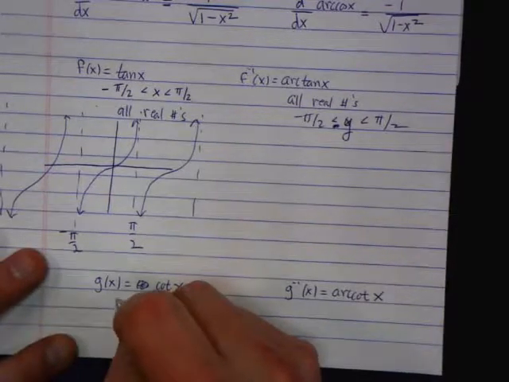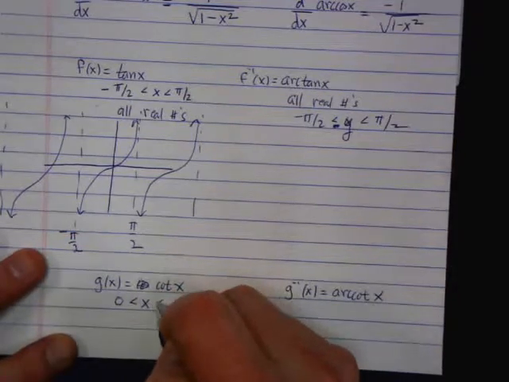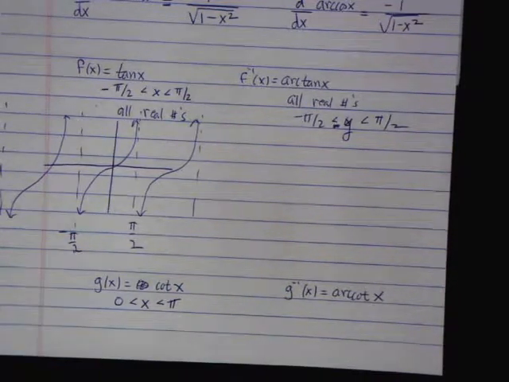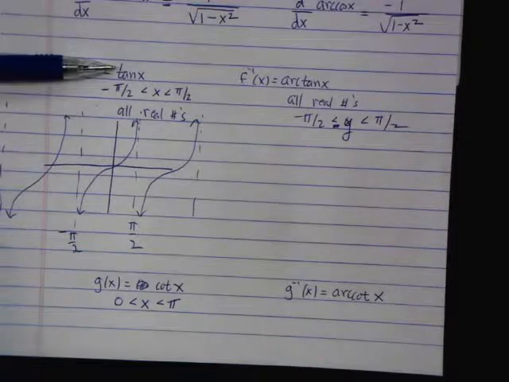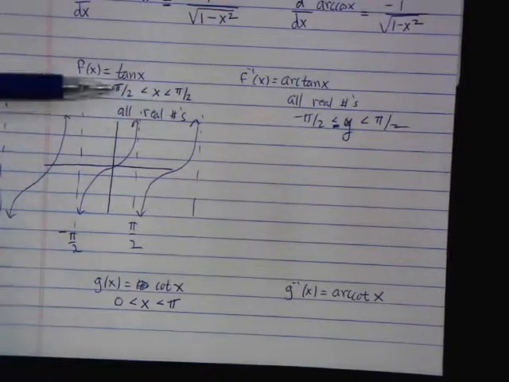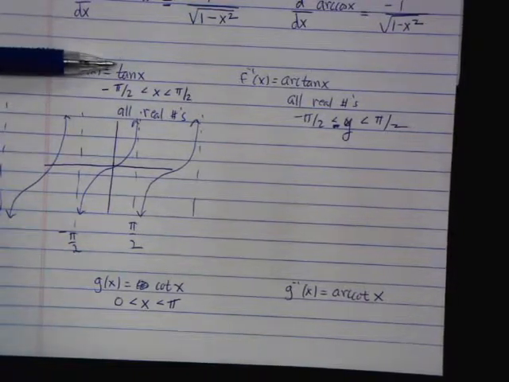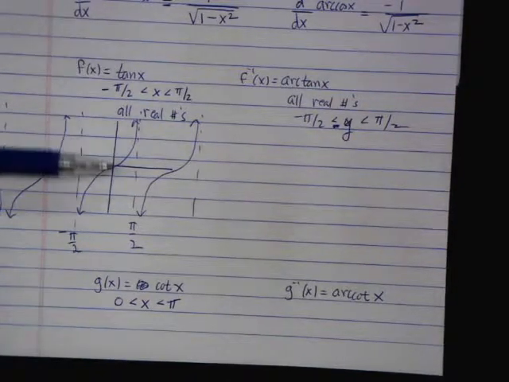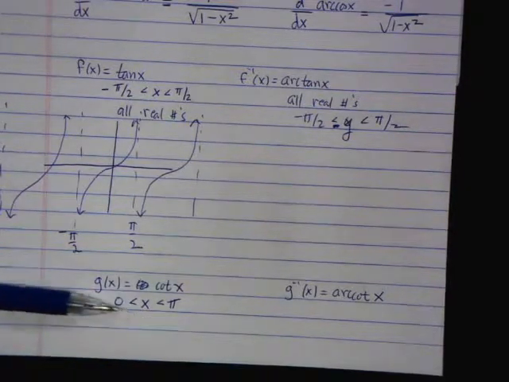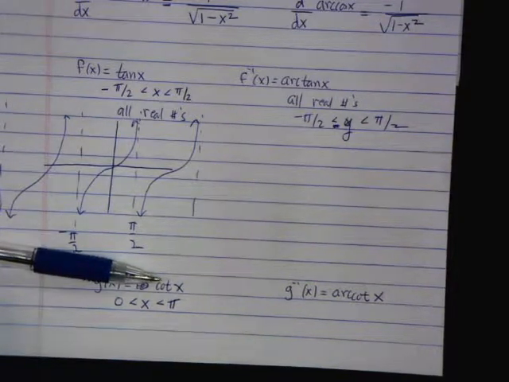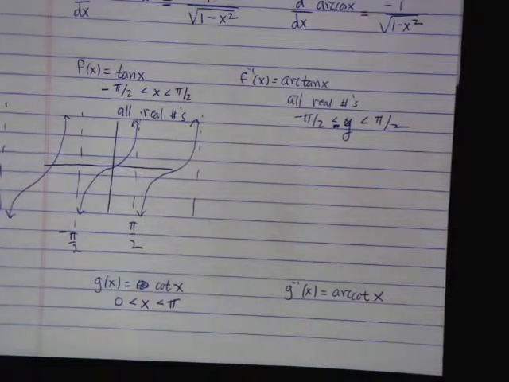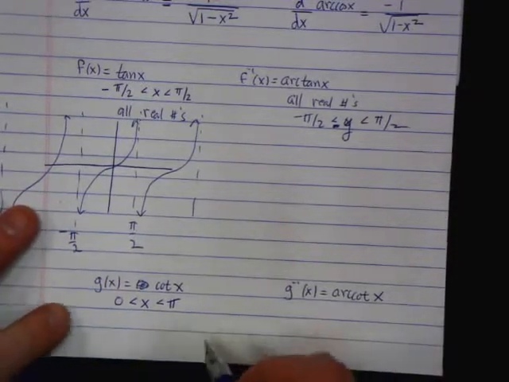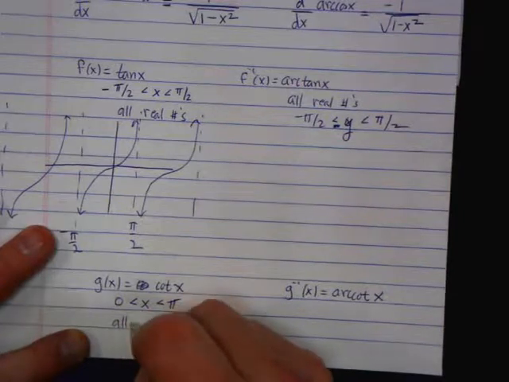Correct. So cotangent is very much like cosine, which kind of makes sense. Tangent has pretty much the same domain as sine because tangent has sine on top. Conversely, cotangent has pretty much the same domain as cosine because cotangent has cosine on top. Okay? And then the range is still all real numbers.